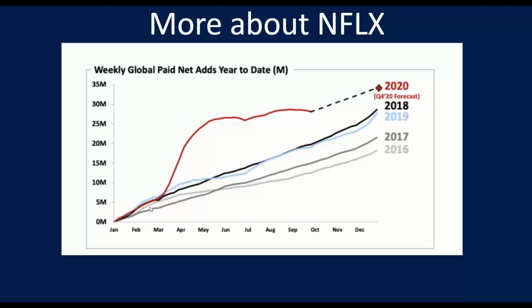And so you can see we started out on roughly a similar trajectory to the last several years, but then in the spring, Netflix just added a ton of subscribers. And according to their projections, they're going to add more subscribers this year than any other year, but it's flat a little bit in the middle part of the year.